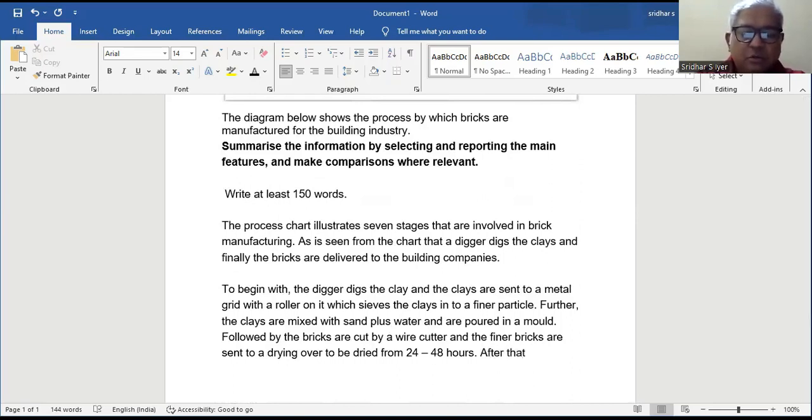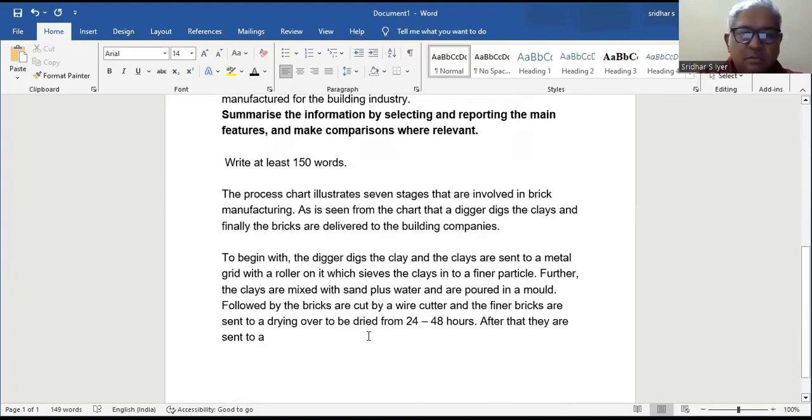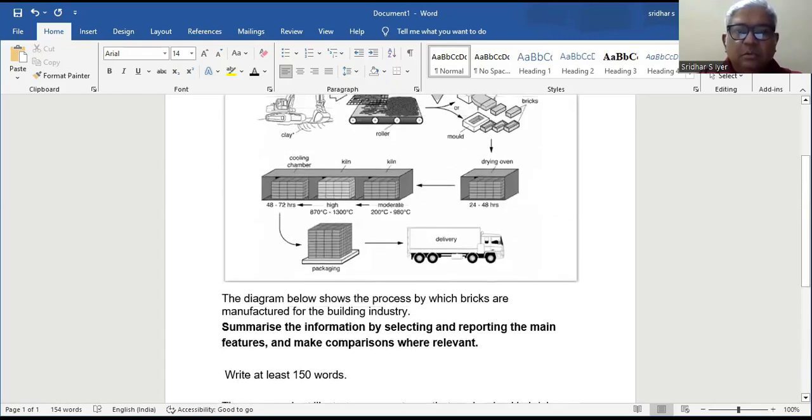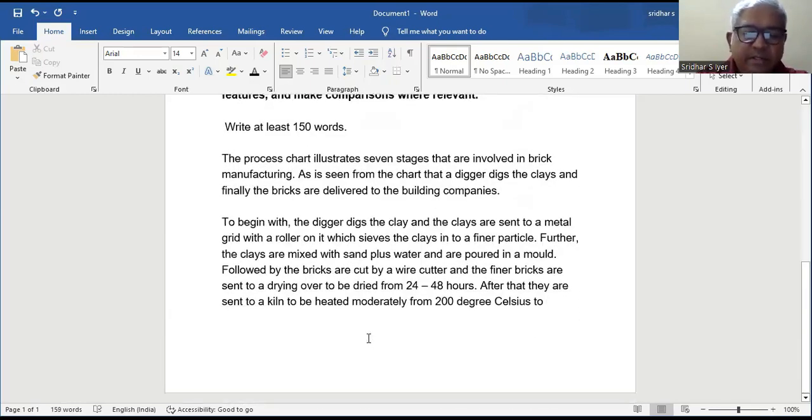After that, they are sent to a kiln to be heated moderately from 200 degrees Celsius to 980 degrees Celsius.